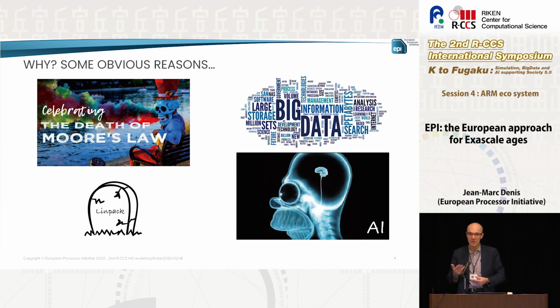And beyond the question of the quantum effect at the physical level in the silicon, they are reaching as well the financial wall. The cost of a factory in 7 nanometer is about 20 billion US dollars. For a 5 nanometer factory, it's about 30 billion US dollars.